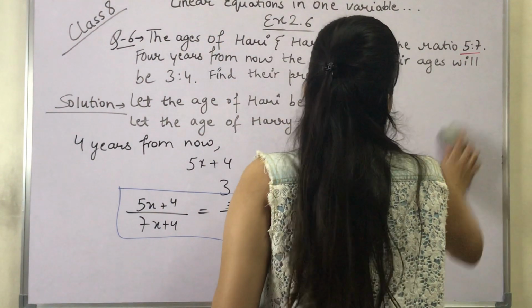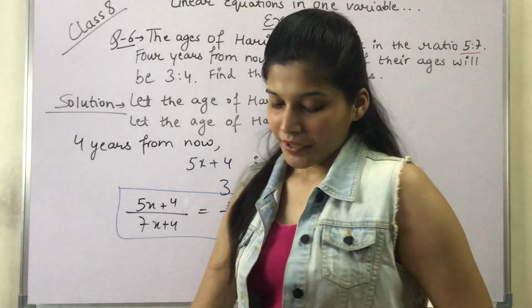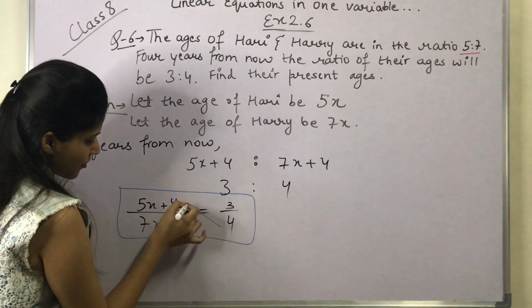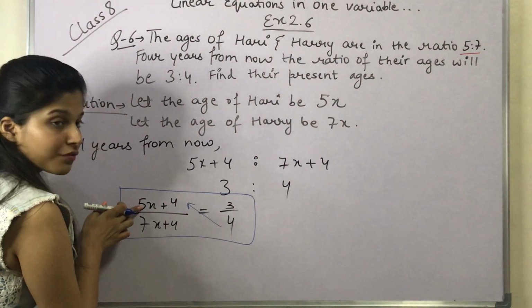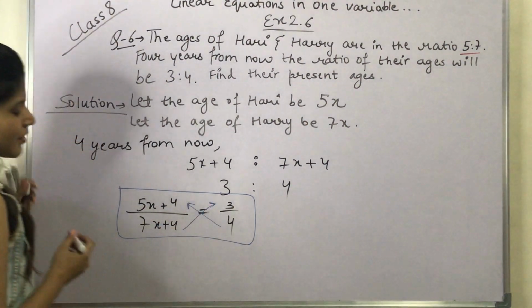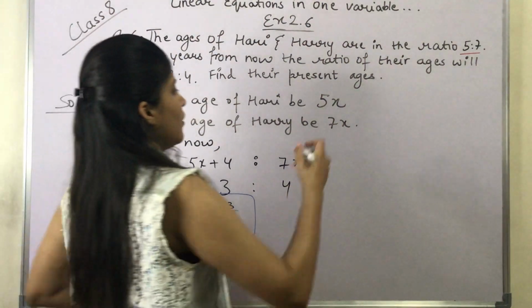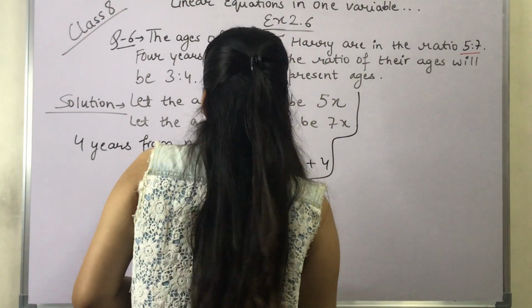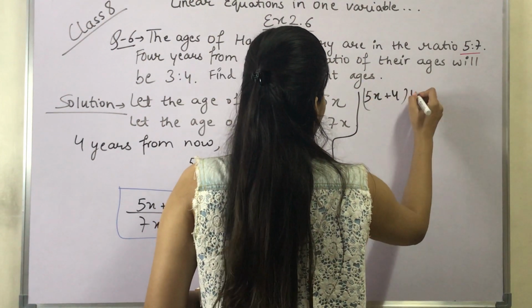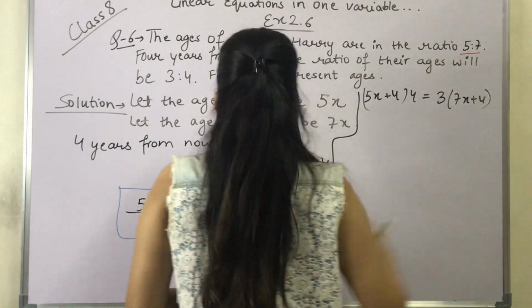Now if we see this equation again, we will be using cross multiplication. 4 will be multiplied to 5x plus 4, and 7x plus 4 will be multiplied to 3. So 5x plus 4 into 4 will be equal to 3 into 7x plus 4.